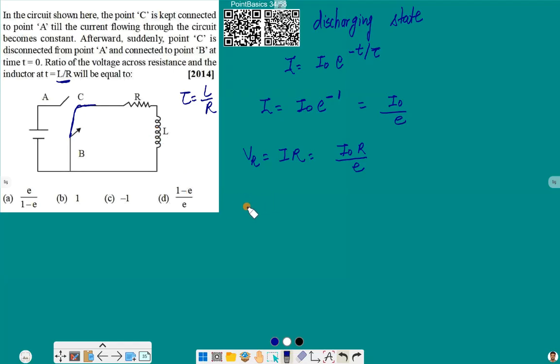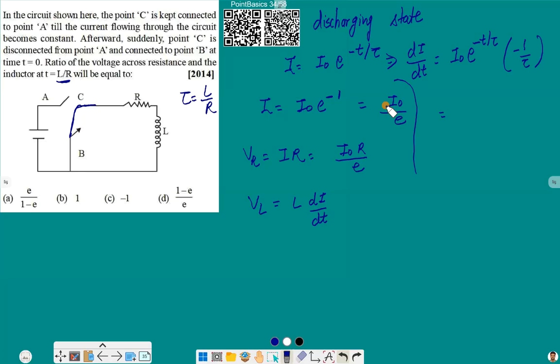For the inductor, we know the voltage drop across the inductor is given by L di by dt. So we need to calculate di by dt from this equation. di by dt will be I node e raised to power minus t by tau into the derivative of this term, which is minus 1 by tau.